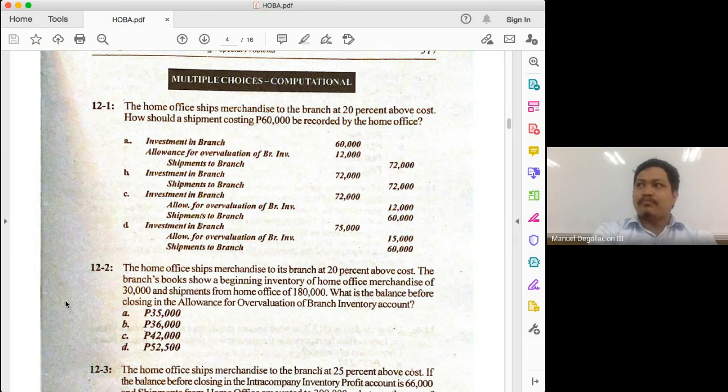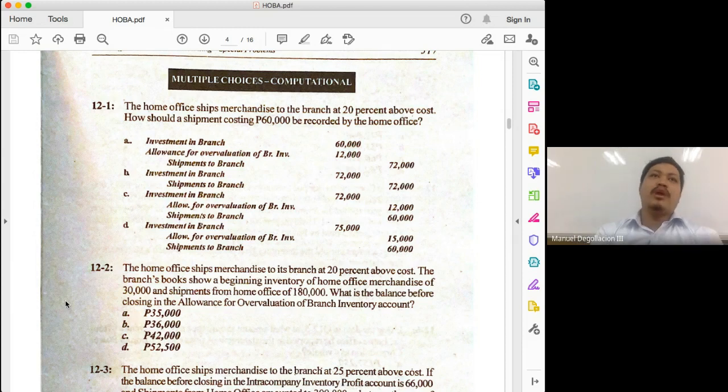Okay, so as what we have discussed before, an ordinary shipment from the home office will be recorded by the home office as debit investment in branch and credit shipments to branch. Okay, but that will not be the answer here, class, because again, the shipments made by the home office here are not done at cost. The shipments made by the home office include a markup.